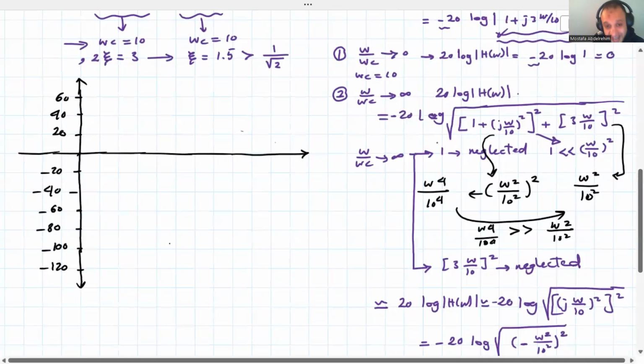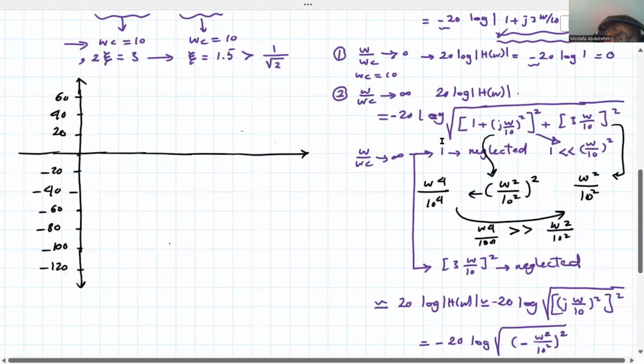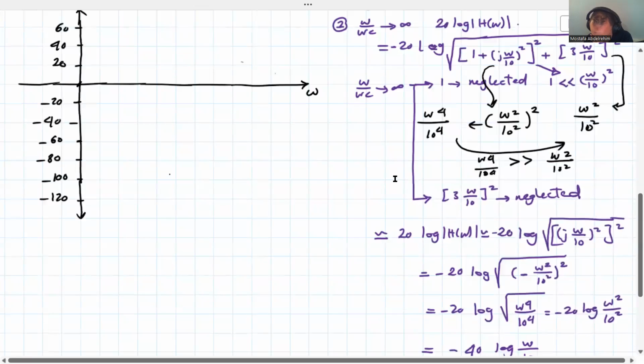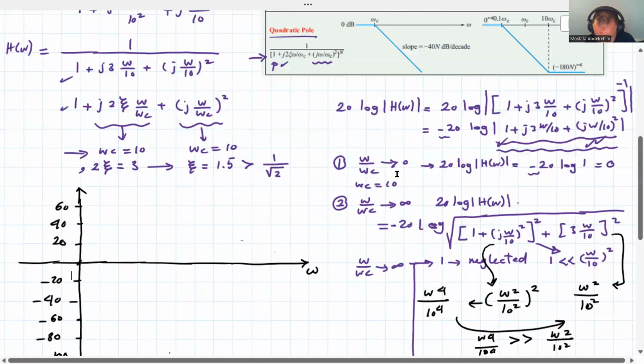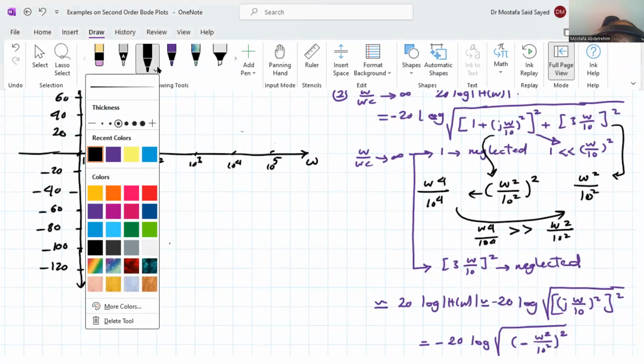Of course, I made the negative part larger than the positive because everything we have is negative. Here is omega. Make it multiples of omega c. Omega c, remember, is 10, right? So you can have tens of that, like, for example, 1 here, 10, 100, 1,000, 10,000, 100,000, and so on. Okay, let's now draw this, for example, in red.